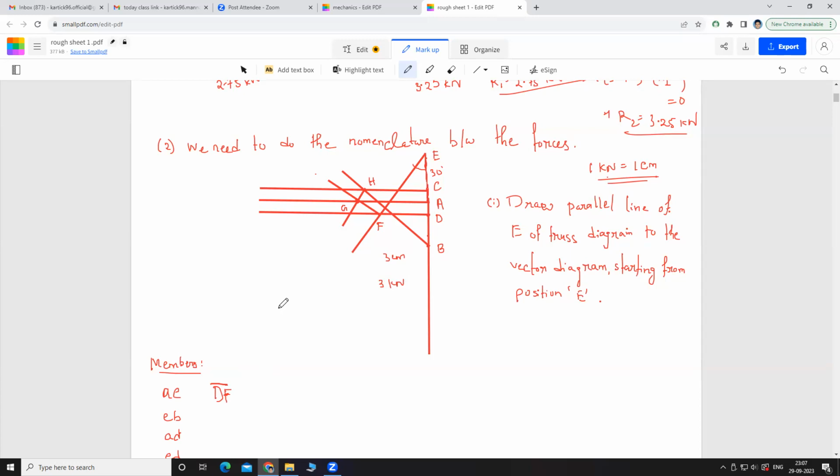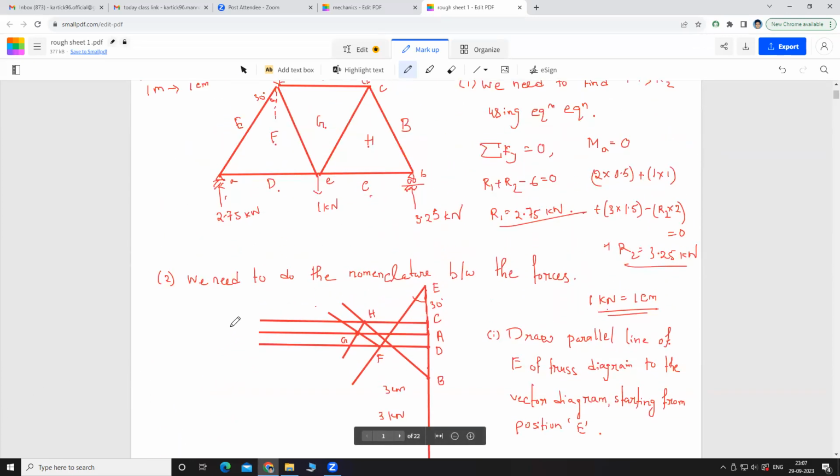So for that, what we can do, suppose we are jumping from D to F. At that point, look at your right side.